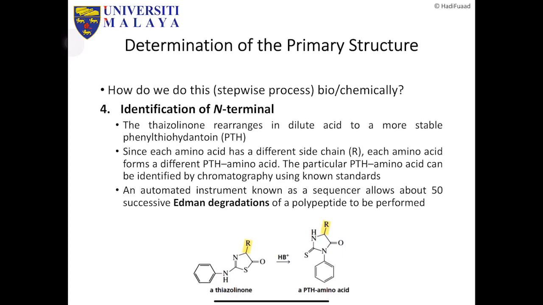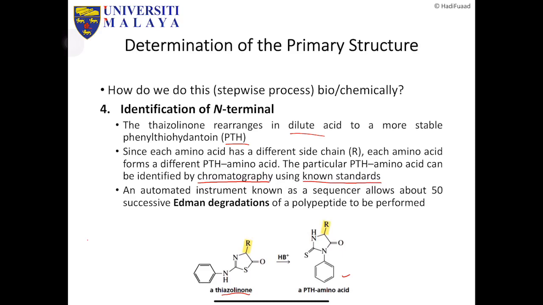Okay, so what happens with the thiazolinone is that in the presence of acid, it forms a more stable PTH structure, like shown on the bottom right here. Since each amino acid has a different side chain, each amino acid forms a different PTH amino acid. In particular, PTH amino acid can be identified by chromatography using known standards. So it's already been developed.